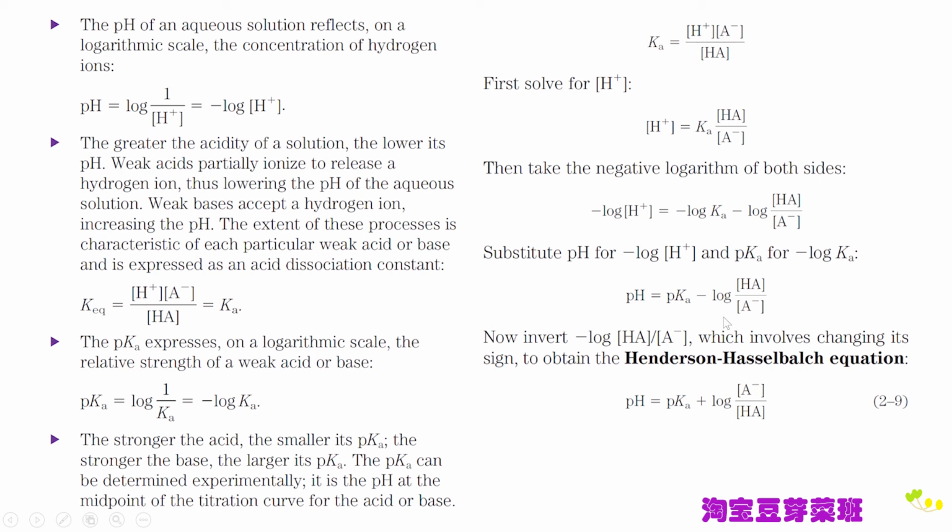So we get to this point. According to what we learned in high school, if we want to change the position of the numerator and denominator in a log, we simply add a negative sign in front of the log. So we get pH equals pKa plus log of the concentration of the ionized form of the weak acid divided by the concentration of the unionized form of the weak acid.